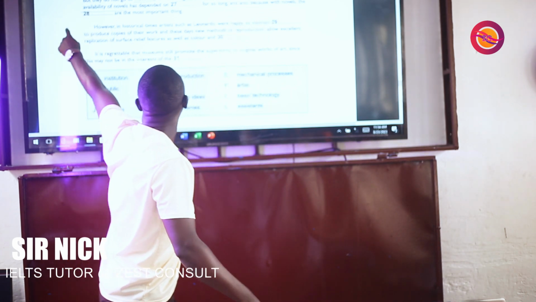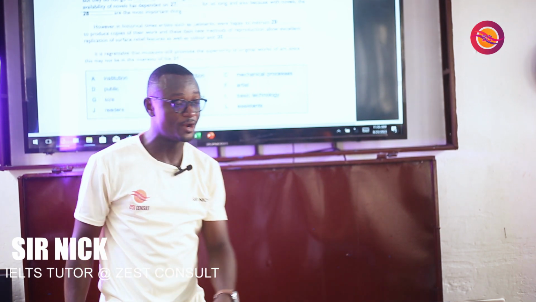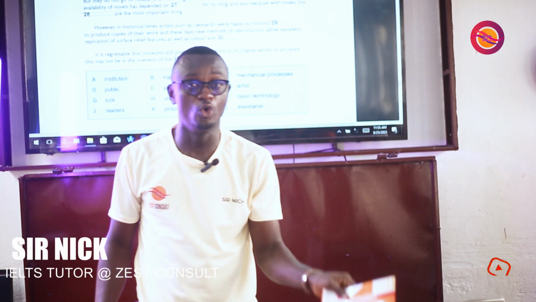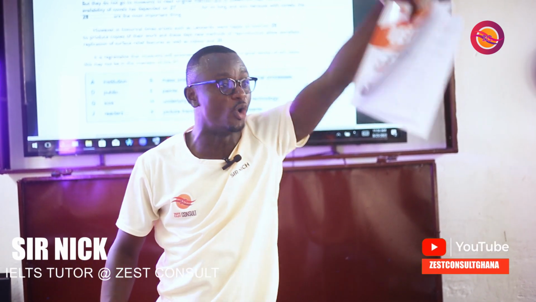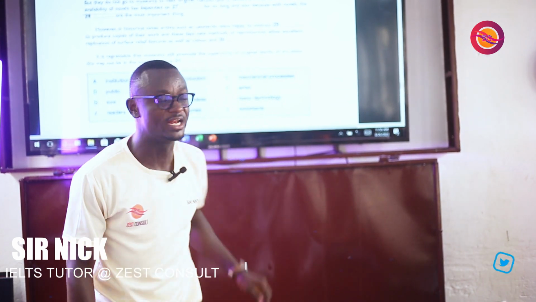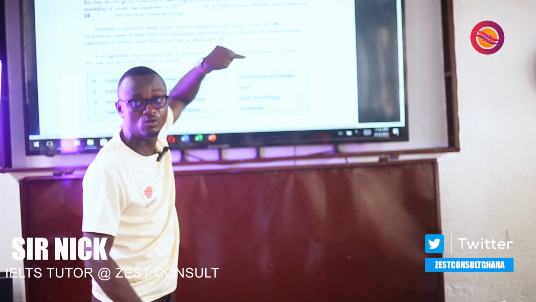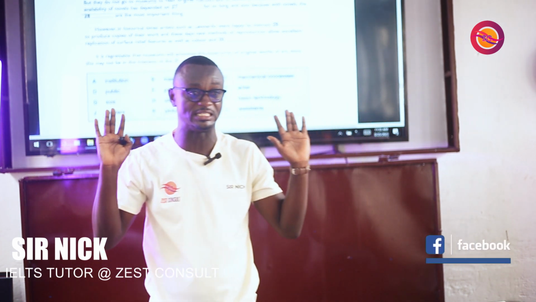Because the availability of novels has depended on that for so long. So for the novels, the books, you are having this book here, which is a photocopy. So you should go to the book to find out what the writer is giving as the reason why people will not go to museums to read the original work of a novel. Yes or no? That is it.